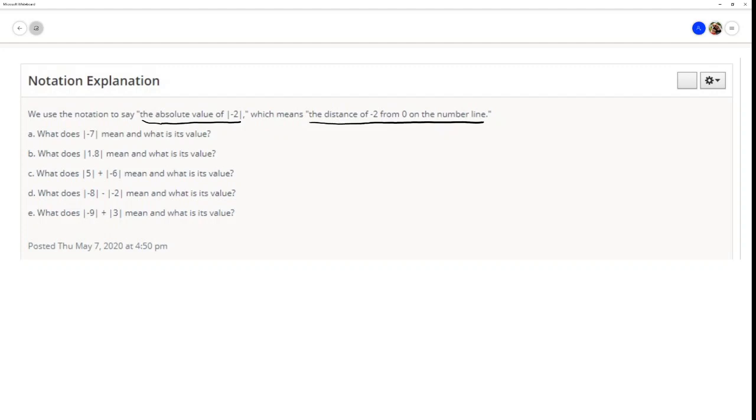What does the absolute value of negative 7 mean? It means it is 7 steps from 0, and its value is 7. What does the absolute value of 1.8 mean? It is 1.8 steps away from 0. Its value is 1.8.